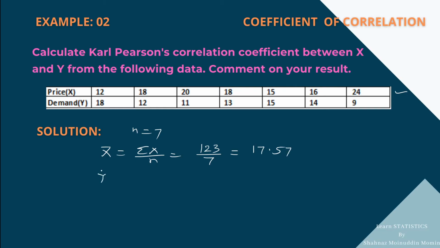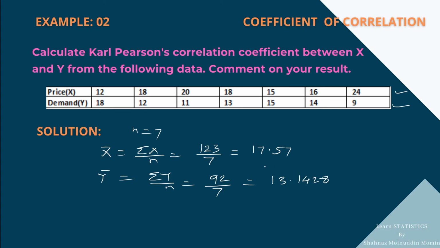y bar is summation y upon n. Summation of y is the sum of demand, and after adding y we get 92 divided by 7, and it is 13.1428.